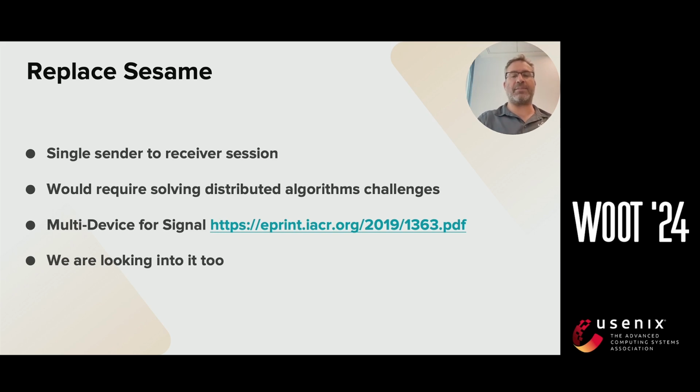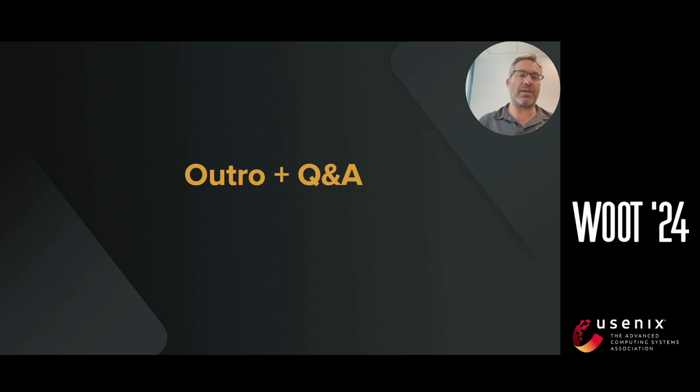So it creates other challenges in the field of distributed systems, but maybe this is a price worth paying in extra complexity in order to gain some privacy and limit this privacy leak. And there is a work from 2019 about it, and we are looking into it too, and we'll talk a little bit about it in the further research slide. So let's conclude.